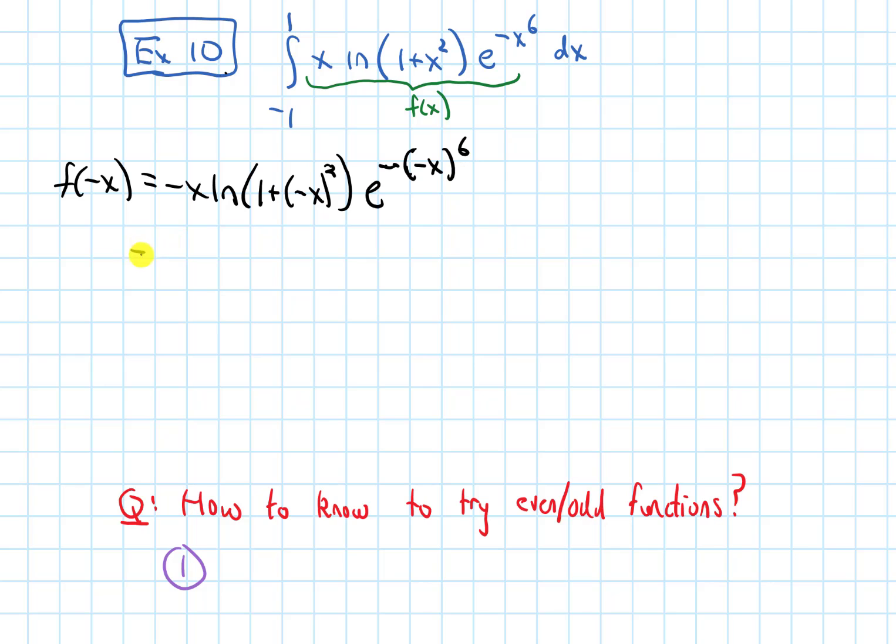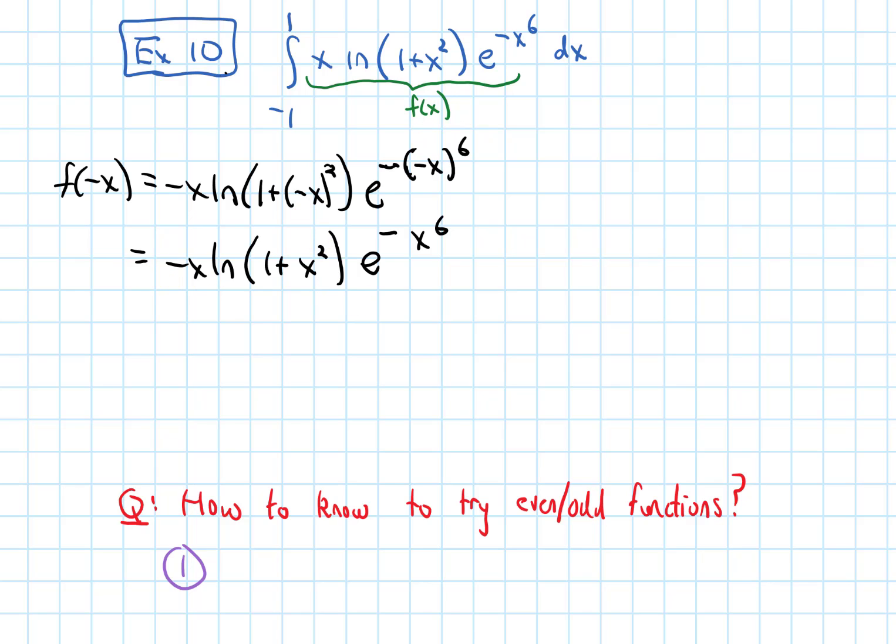Okay, so if we simplify this, we'll get negative x ln of 1 plus negative x being squared will just be x squared, because when you square that negative, it becomes positive. And then I'll get e to the negative, and then again, negative x, that being raised to the 6th, will just be x to the 6th, because the even power will get rid of that negative.